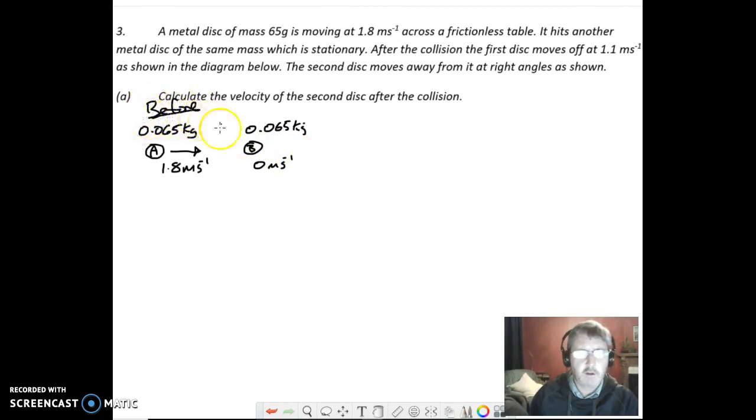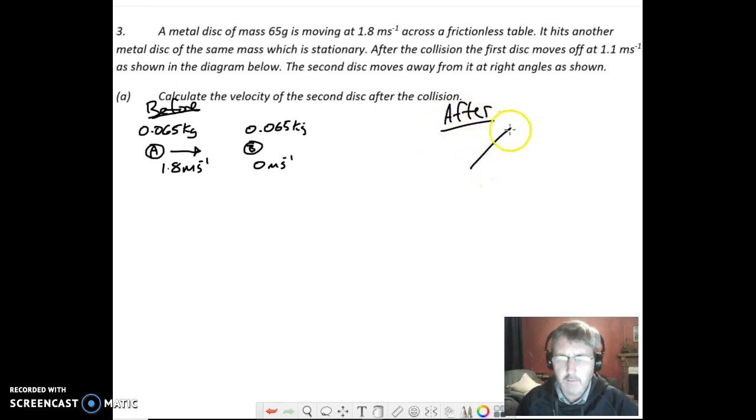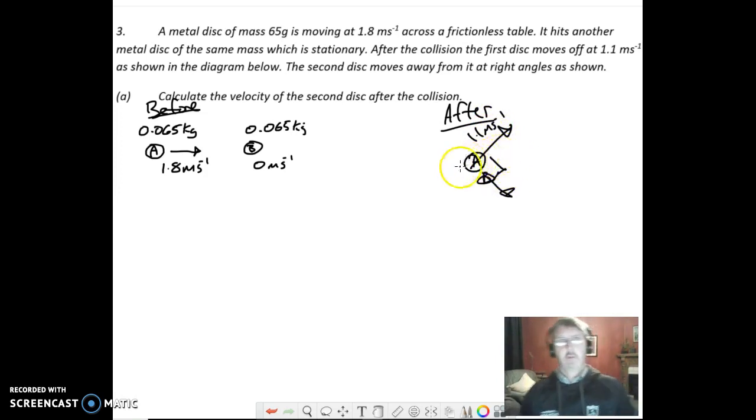But they're going to collide, and then after the collision, A is going to move away in a different direction to B. So here's A, and here's B, but A is moving at 1.1 meters per second. And these two are at right angles to each other. So this is really important, the right angle thing.